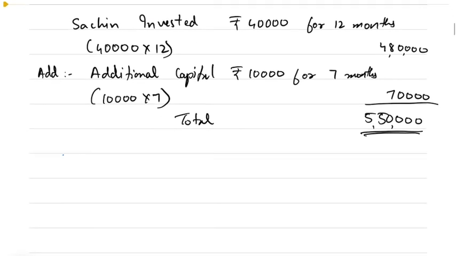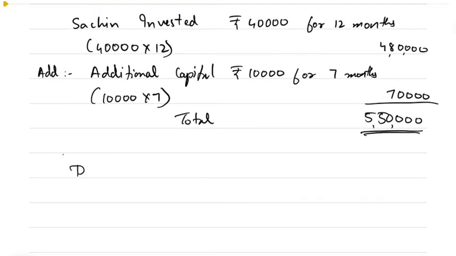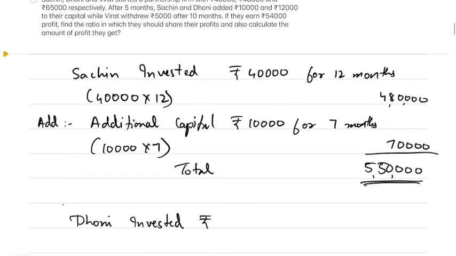Okay. Now Dhoni invests 48,000 for 12 months.